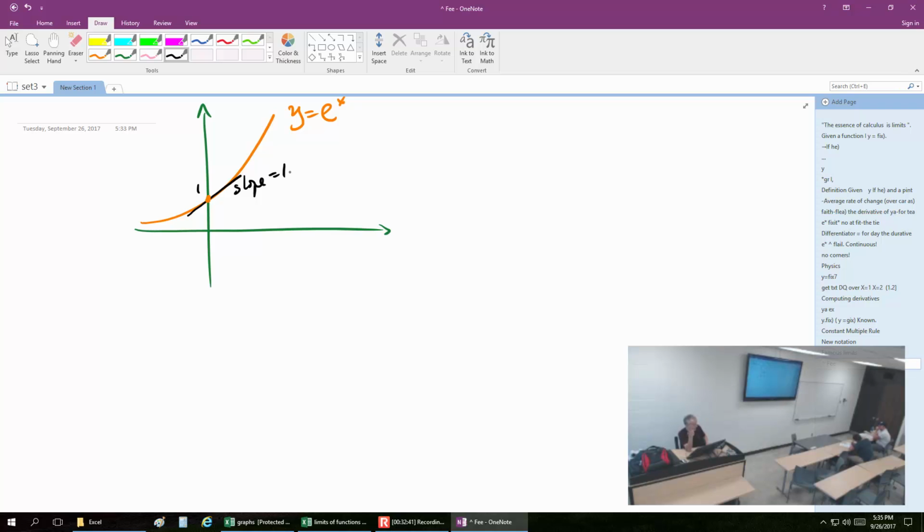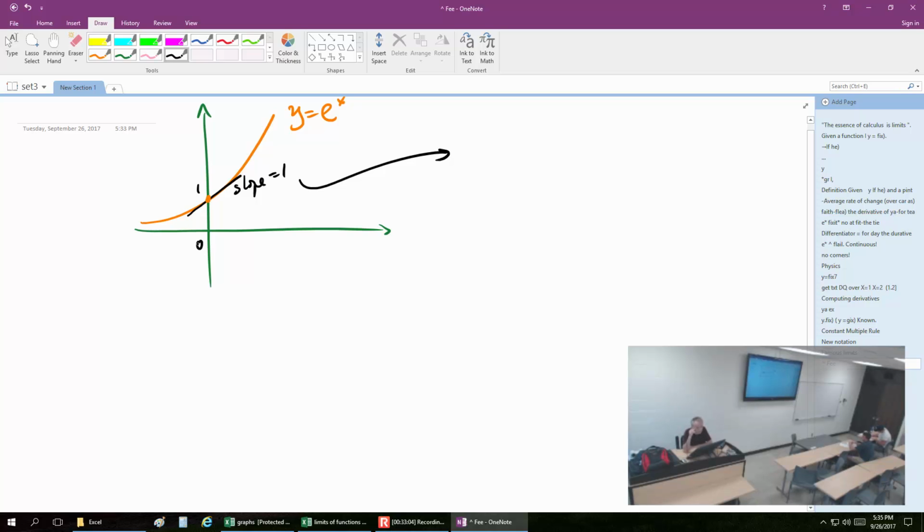And it has a very nice property of slope equal to 1 because, well, can we rewrite this? How would we write this fact? The slope of this graph at 0 is equal to 1.